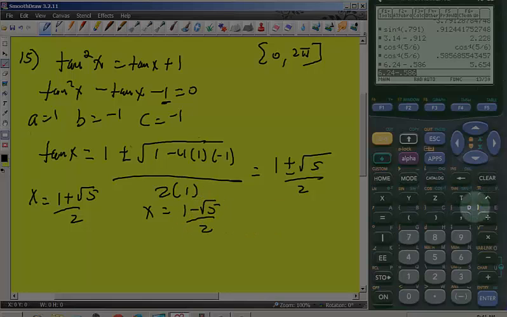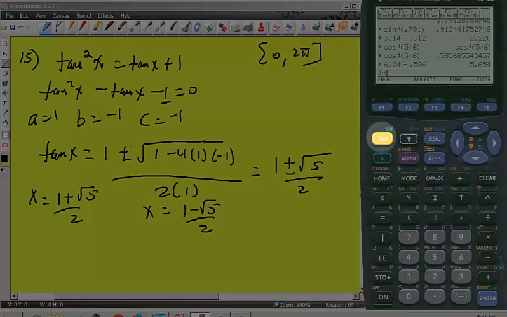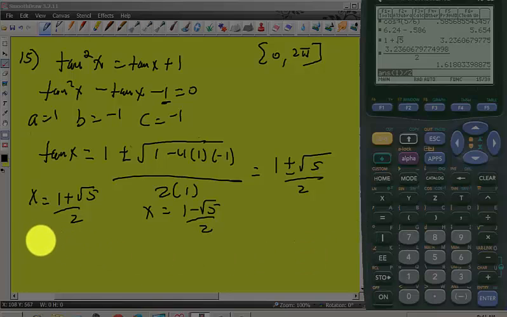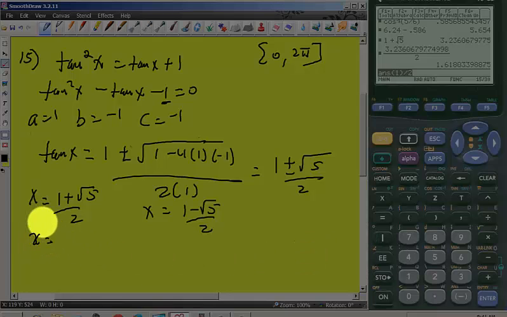Punch it in your calculator. Practice. 1 plus rad 5, close parentheses, and divide that by 2. All right. I get tan x is equal to 1.618.